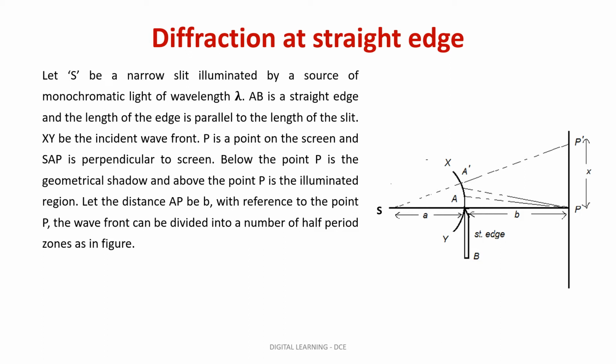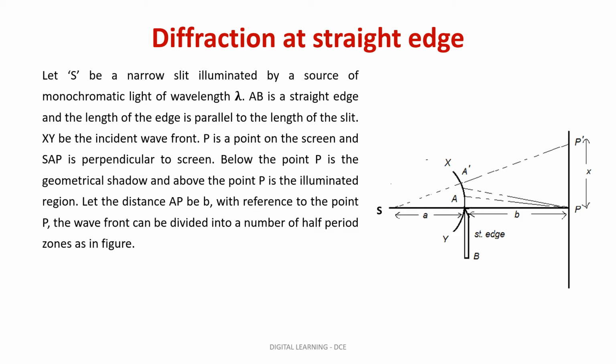Here, light should form an illuminated region above P and a shadow or darker region below P on the screen, according to the laws of geometrical optics. But it's not true. Instead, uniform brightness is not observed above P, but alternate dark and bright bands of unequal width and decreasing intensity are formed.